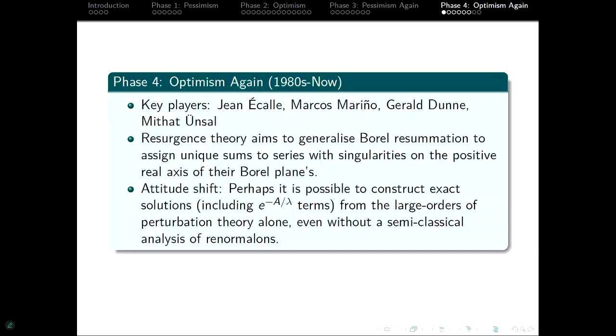So the hope is that it may actually be possible to reconstruct the intrinsically non-perturbative terms and resolve these ambiguities just using the large order behavior in perturbation theory alone, without bringing in any additional resources or any semi-classical analysis of the renormalons or whatever.